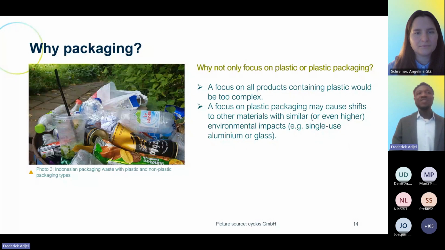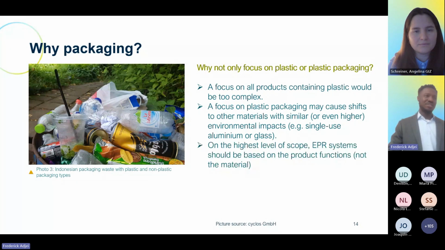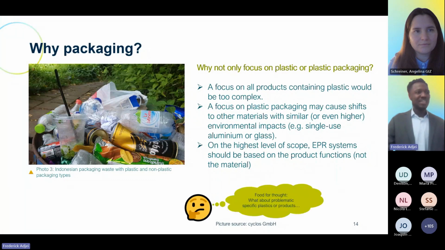Also, these materials may not be as good as is thought. Single-use aluminum or glass, for example, have really high environmental impacts, especially in the production phase. So focusing on plastic may lead to unintended consequences. So better on the highest level to look at functions, not necessarily the product. And really the function is packaging. So this is our recommendation.